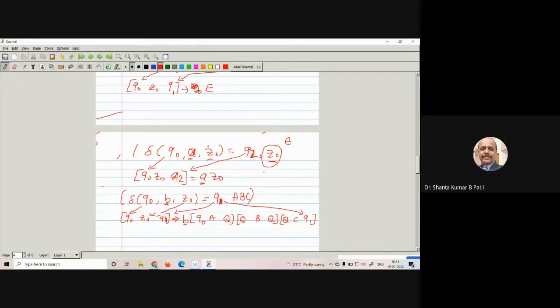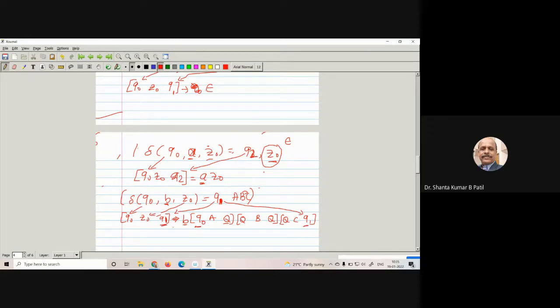Generally, q will be, one time q naught, second time q1. Three variables are there, so you can write like this: q naught a q, the first one as it is, and the last one this one.